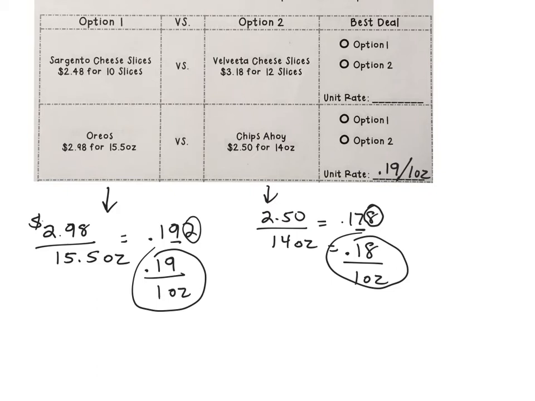Oops, I wrote that in the wrong spot here. So let's go back. Oreos was 19 cents. Chips Ahoy was about 18 cents. Who's better? Option 2, Chips Ahoy, 18 cents for every ounce. All right, so those are some examples.